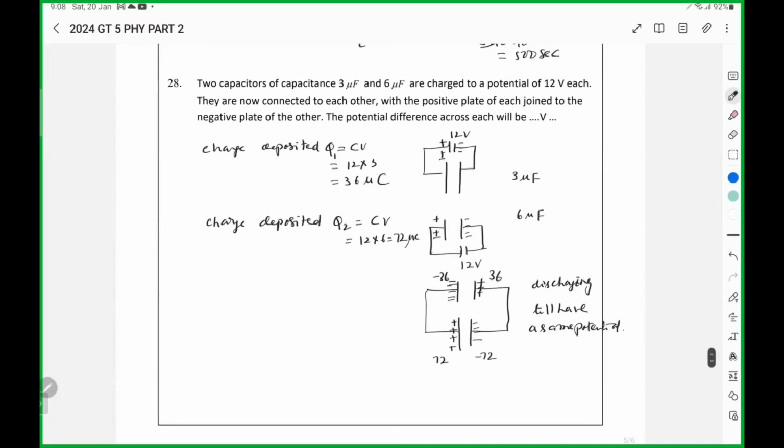So since discharging happens, some amount of charge flows from here to here.